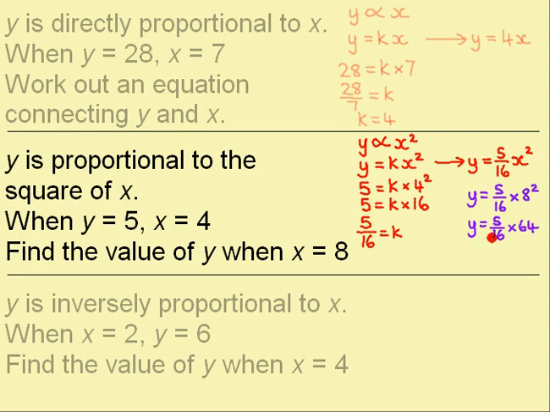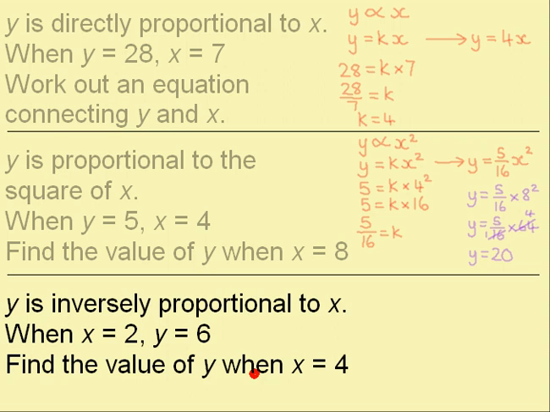I can now see that 16 goes into 16 and into 64, so I can cancel. 16 goes into 16 once, and it goes into 64 4 times. So I've got 5/1 times 4. Now that's the same as 5 times 4, so y is 20. And this is the value of y when x equals 8, so I've now answered the question that I'm being asked.